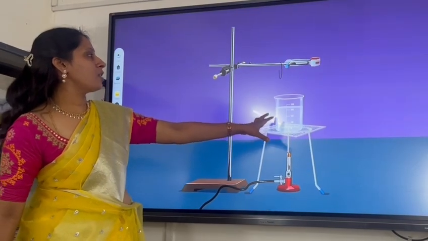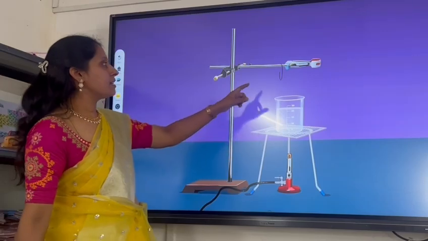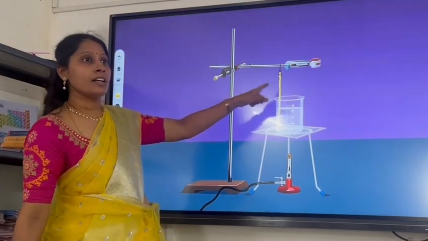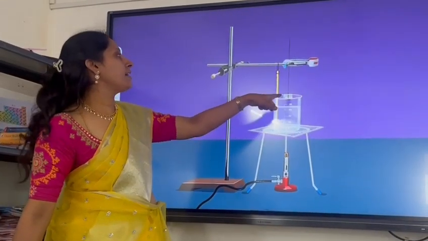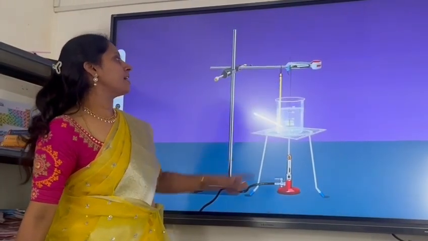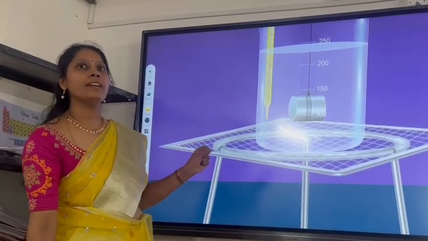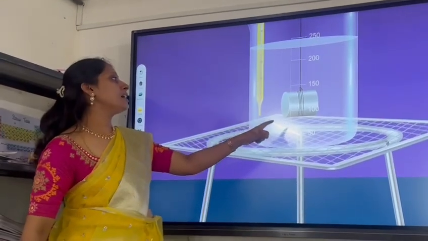Now take some water and heat it with the Bunsen burner. Next, hang one more thermometer to measure the temperature. Now hang the solid to the stand, with one end immersed into the water. The solid should be immersed into the water, then only it will give the temperature.